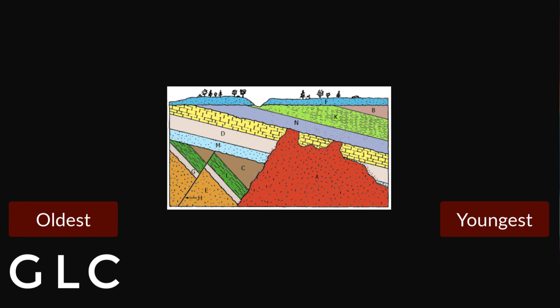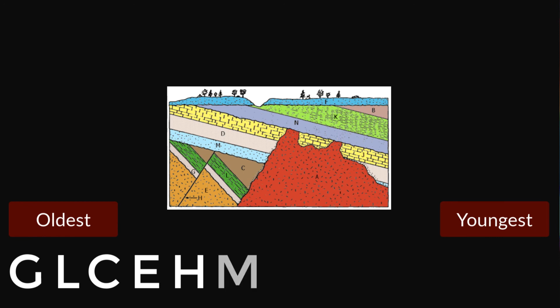They are the country rock which rock unit E intruded into. After the intrusion has cooled, we see that fault H occurred. We know that fault H occurred after the intrusion because the intrusion was also affected. It has been broken by the fault, so we know the faulting occurred after the intrusion cooled.